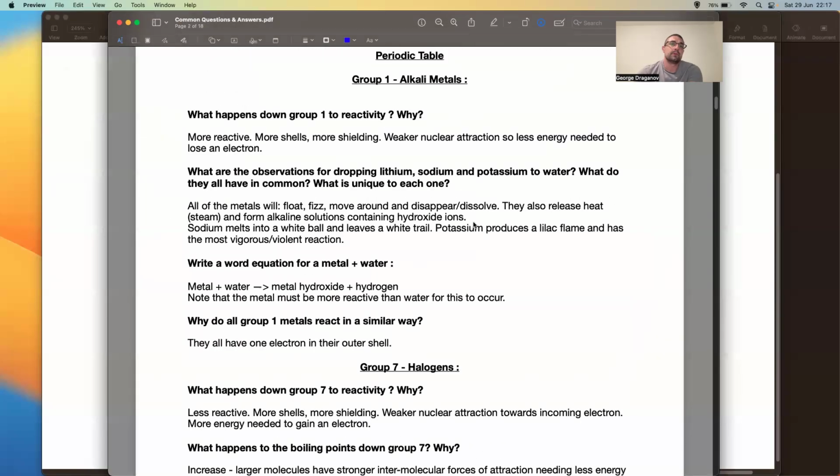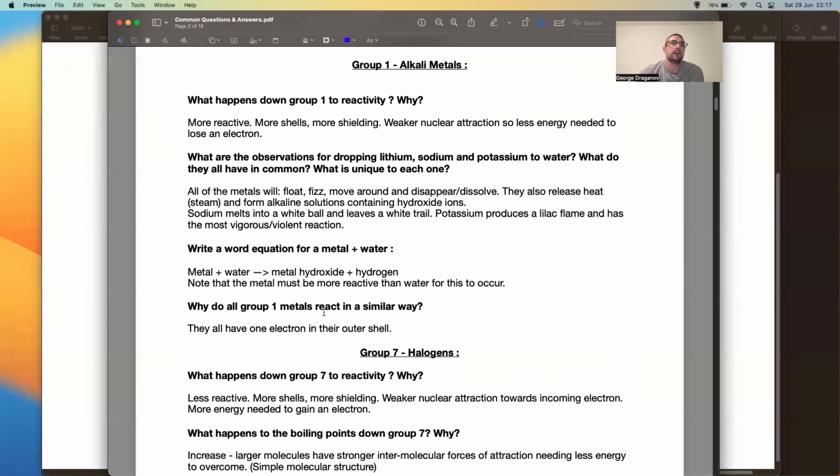Very simply put, and all we're doing today is going to be covered in here. So fizz, float, move, dissolve, release heat and form alkaline solutions. Sodium melts into a white ball and leaves a white trail. Potassium produces a lilac flame, has a more vigorous, violent reaction. Everything is here. The only thing we haven't done is what happens when you go down the group to explain it.